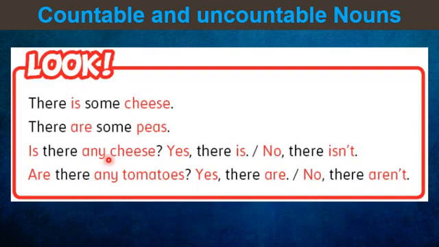So let's read these examples, these sentences. Read with me, please. There is some cheese. There are some peas. So here cheese is an uncountable noun, and as we said it is always singular.